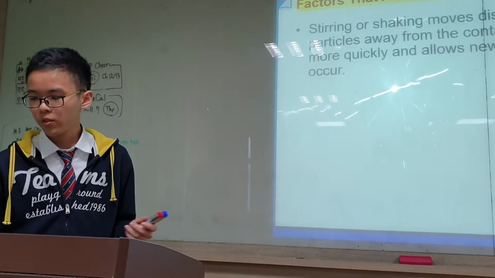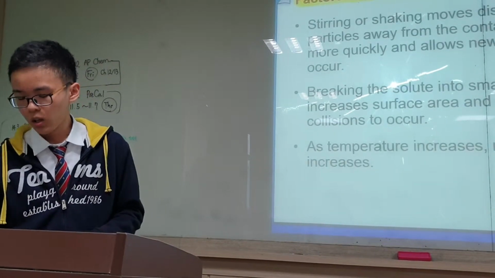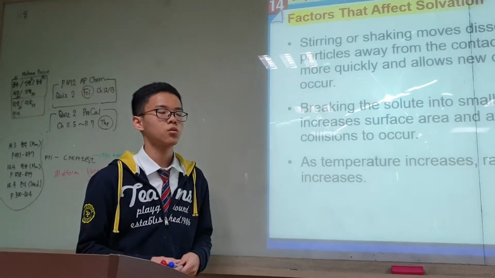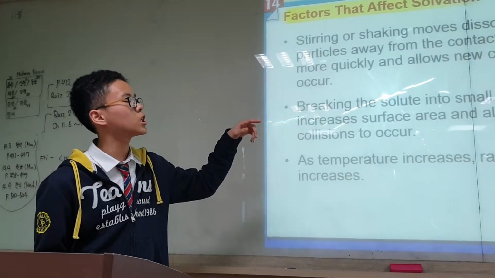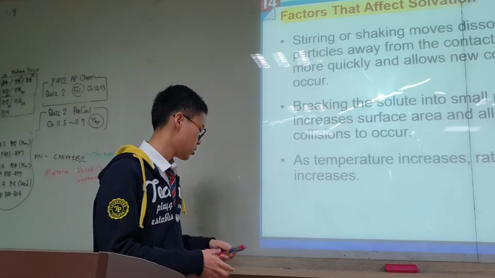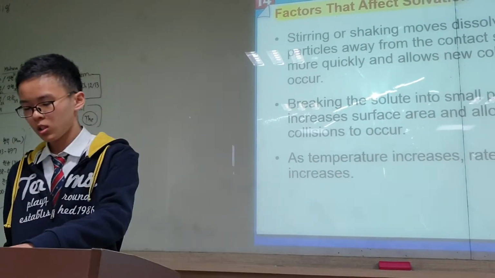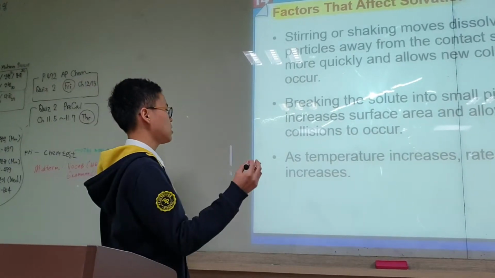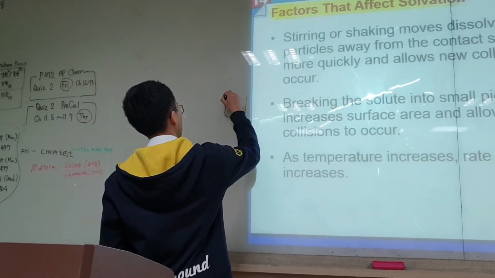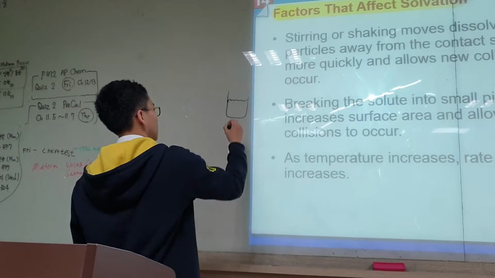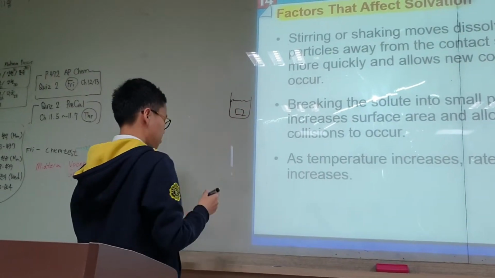There are three factors that affect solvation in general. The first one is stirring or shaking, and in the book there's an example of iced tea. Let's say this is iced tea, and a cube of sugar.